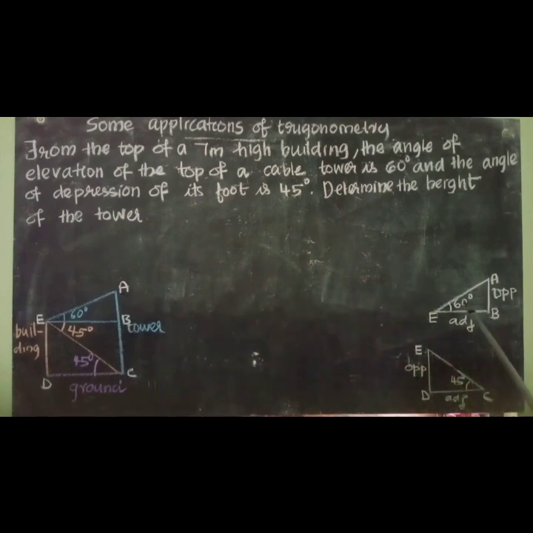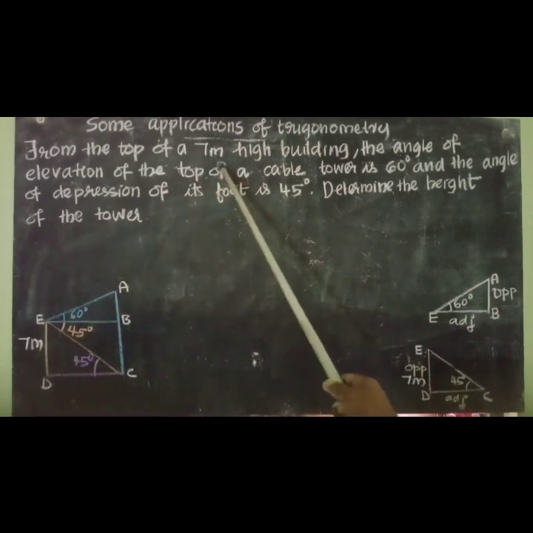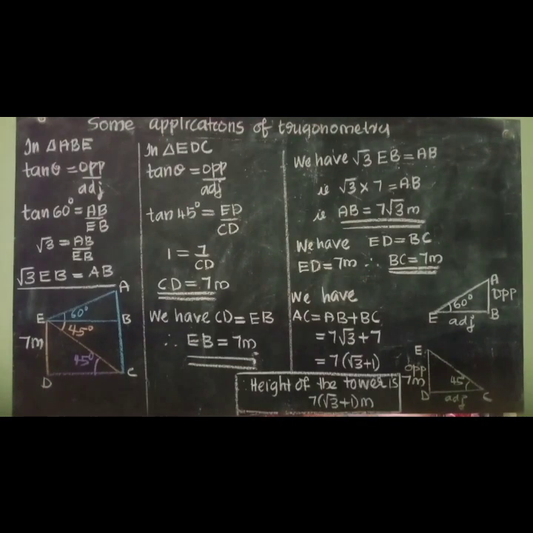So, we can use these two right triangles and take the ratio to solve this problem. This ED is the building, it has height 7 meter. So we can mark here ED 7 meter. Here also in the right triangle we can mark ED equal to 7 meter.